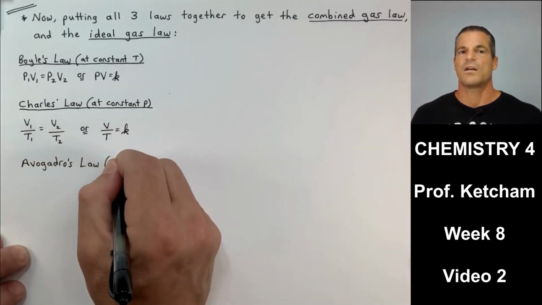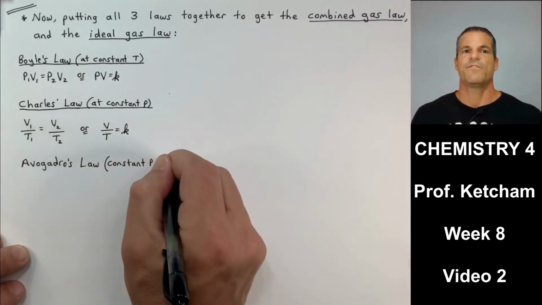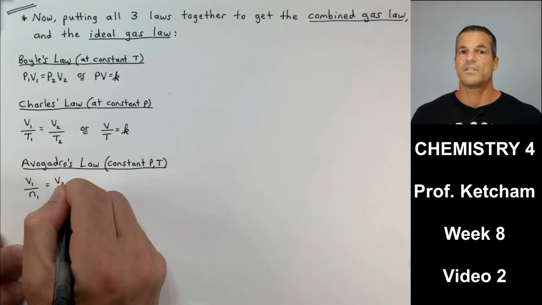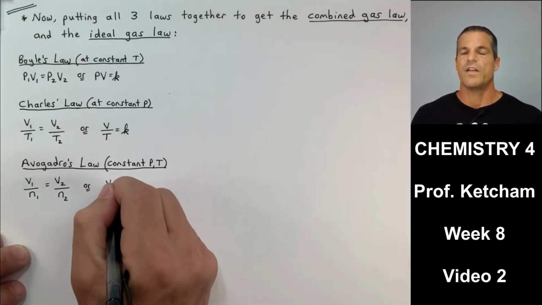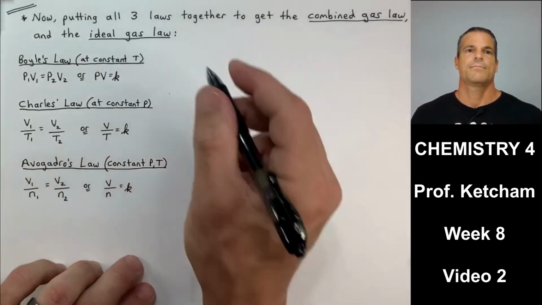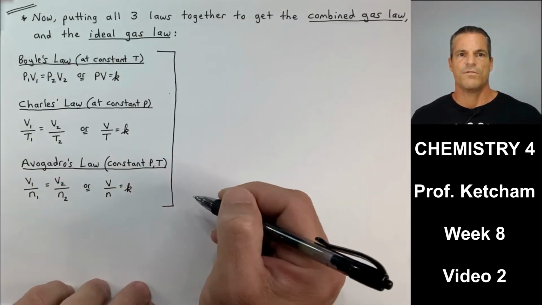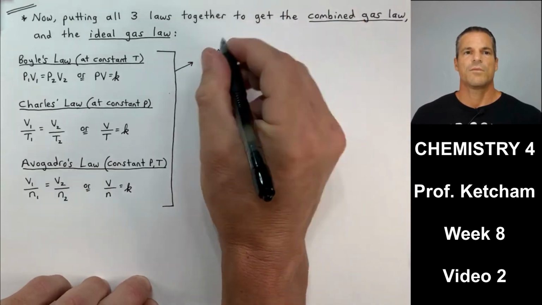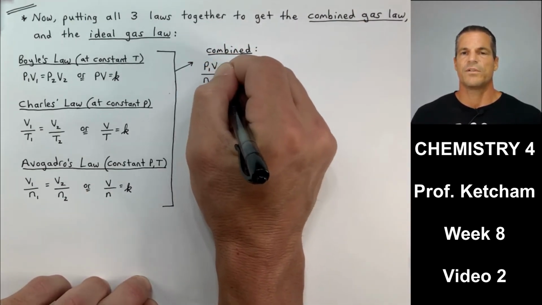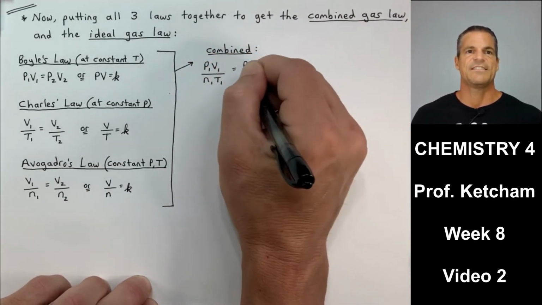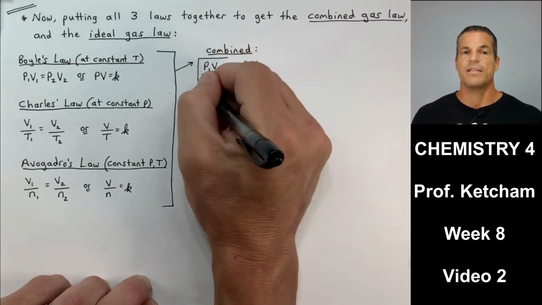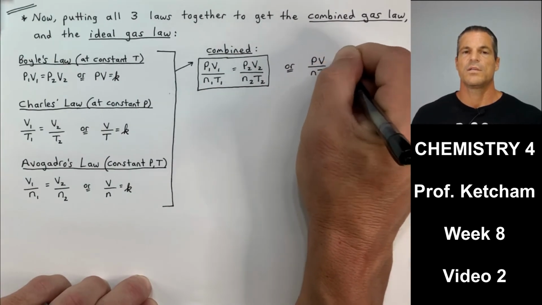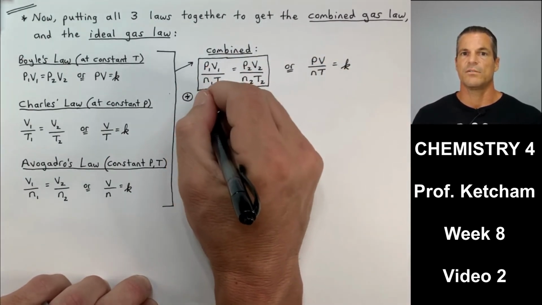This one was held at constant pressure and temperature, and it's V1 over N1 equals V2 over N2, or V over N equals K. So PV equals K, V over T equals K, V over N equals K. Well, the P and the V are always in the numerator, while the N and the T are in the denominator. So if I combine that, I get P1 V1 over N1 T1 equals P2 V2 over N2 T2.